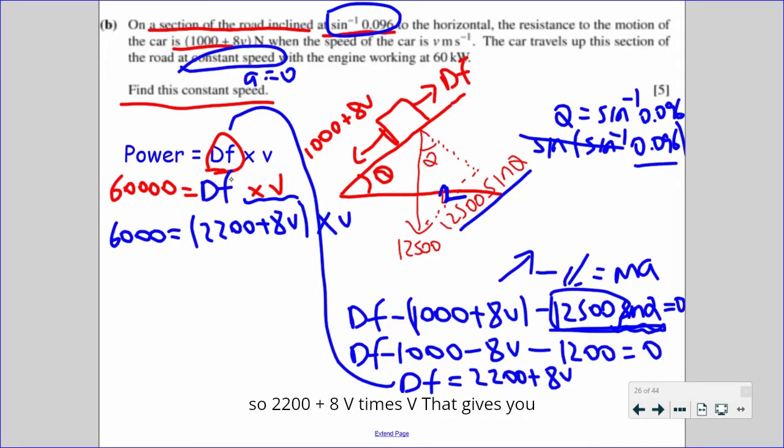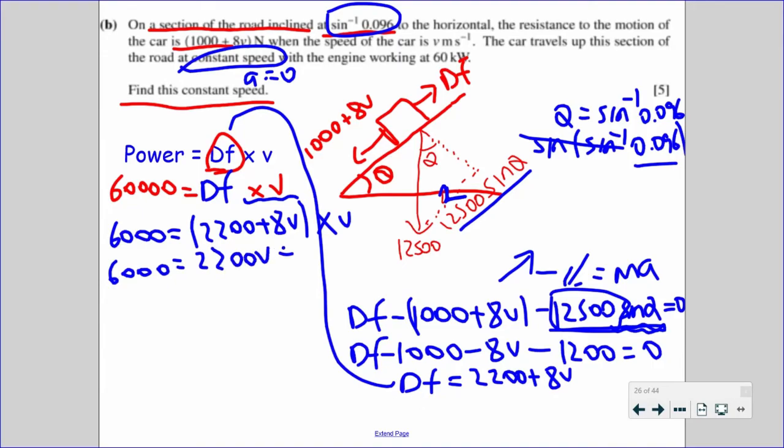So 2200 plus 8v times v gives you 6000 equals 2200v plus 8v squared. Now make this into a quadratic and solve it, and you should get v equals 25. Okay, moving on to next.